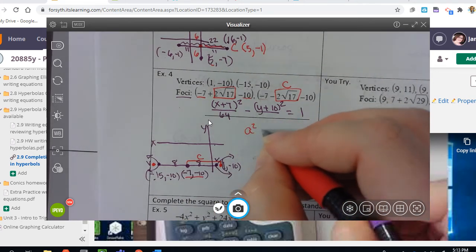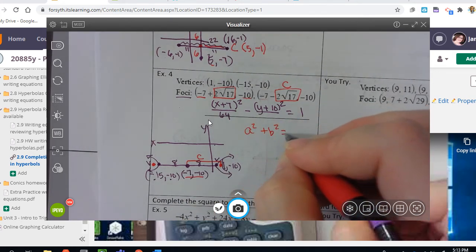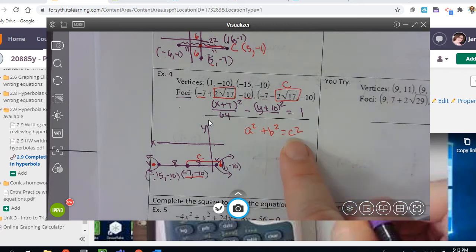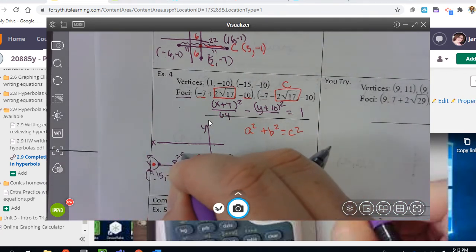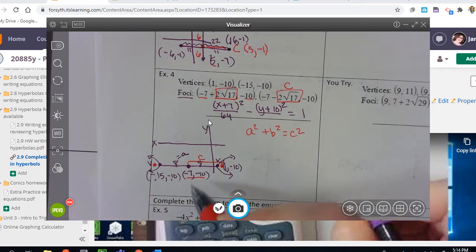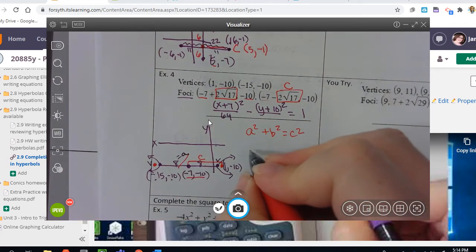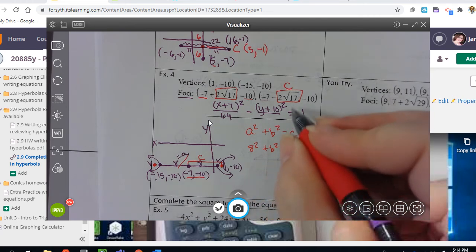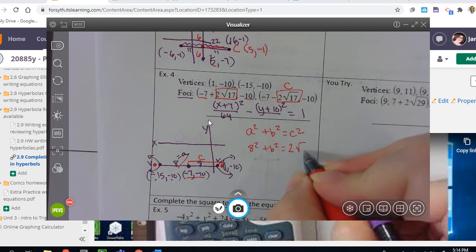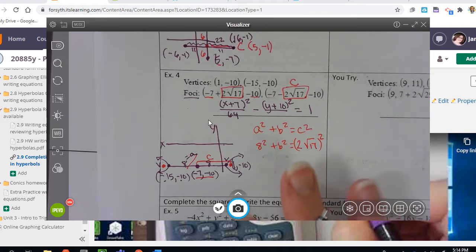Now, a squared plus b squared equals c squared is all that we need, because I know that this 8 right here is a. Okay? So if 8 is a, then I have 8 squared plus b squared equals 2 times the square root of 17, squared.